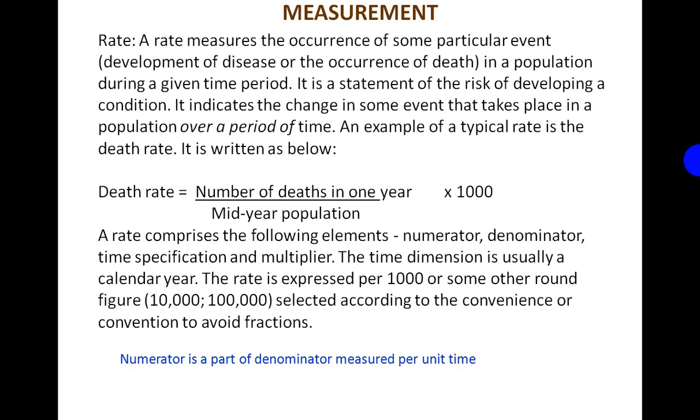For example, typical rates are the death rate, birth rate, specific age rate, and so on. Death rate is equal to the number of deaths in 1 year divided by the mid-year population times 1000.